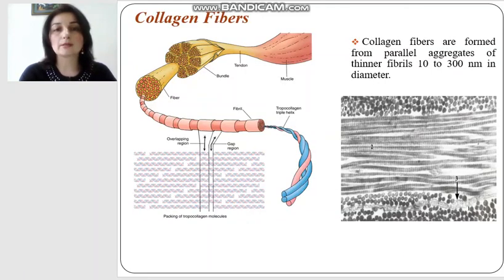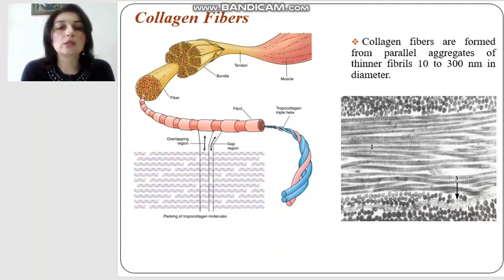Now let's talk about the fibers. The fibers present in connective tissues are collagen fibers, elastic fibers, and reticular fibers. The collagen fibers provide resistance of the tissue to tensile forces. That is, these are strong, tough, and unbranched fibers.